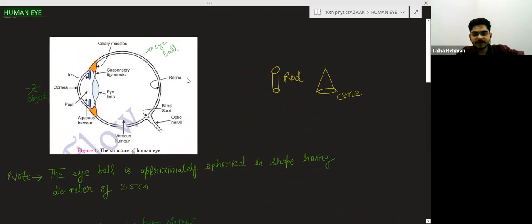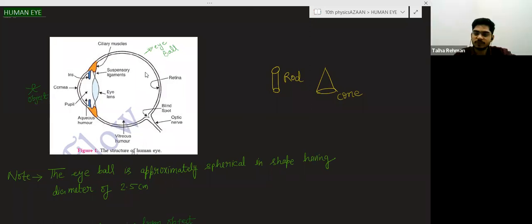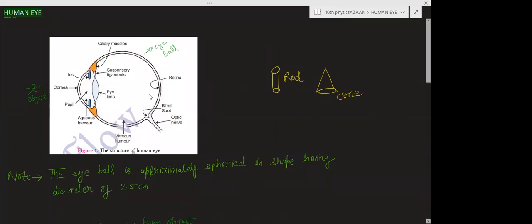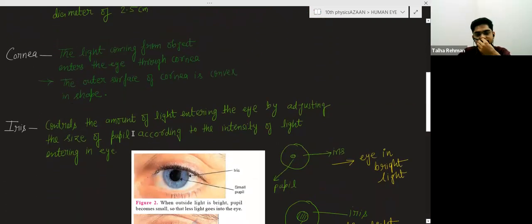Azaan, have you completed the structure of this eye in the last class? Do you have the notes right now? Yes, sir. I think we have done it. So if in the exam the question comes, draw the structure of the human eye, are you able to draw that? Yes, sir. Have you completed these definitions also in the last class?